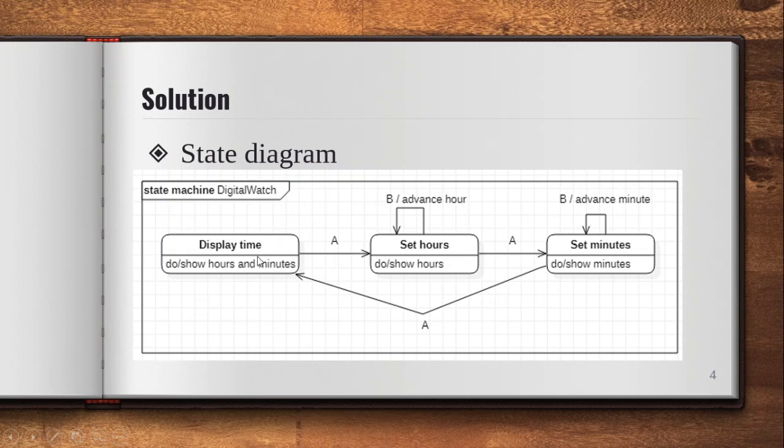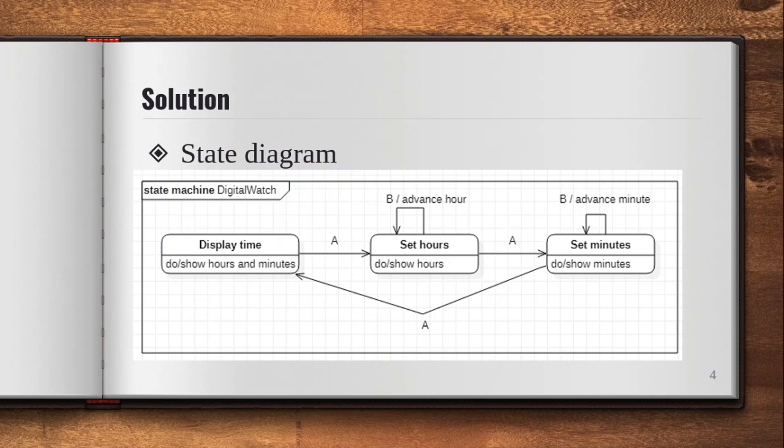If we want to go from one state to another state, we use this A button, which is why we used the A button event on this transition. This line is called a transition.